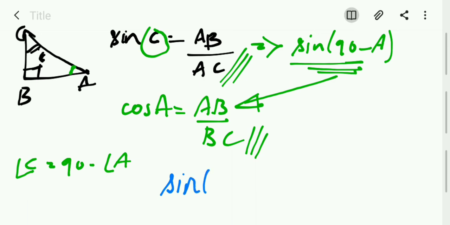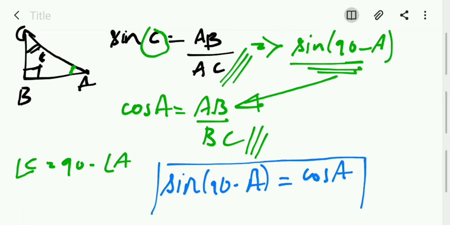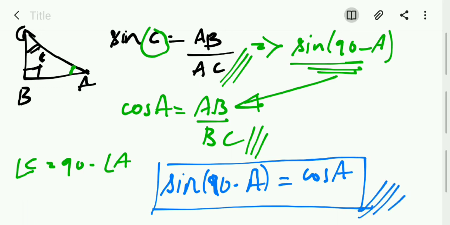Sine 90 minus A is nothing but cos A. Wow, look, we got a new expression. Sine 90 minus A is nothing but cos A. Correct? This is what you need to know.